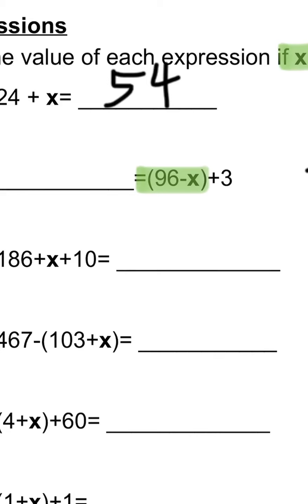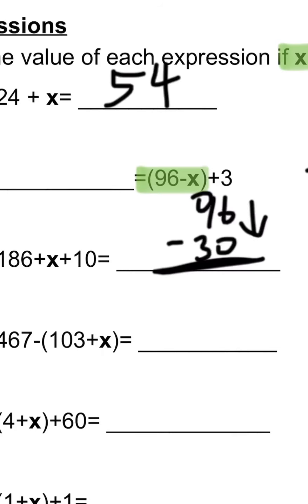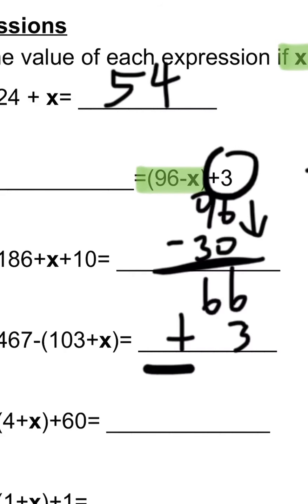Okay, so let's do 96 minus 30, subtract down. 6 minus 0 is 6. 9 minus 3 is 6. And then we're going to add 3 because it's right here. So 6 plus 3 is 9, and 6 plus 0 is 6. So your final answer is going to be 69.